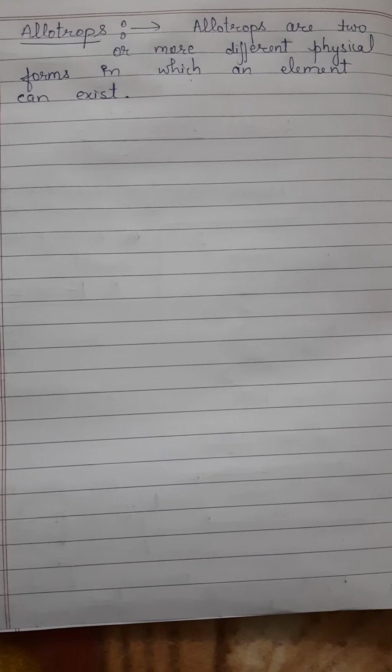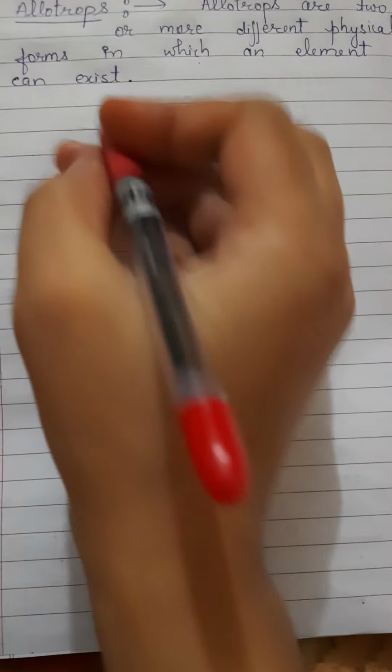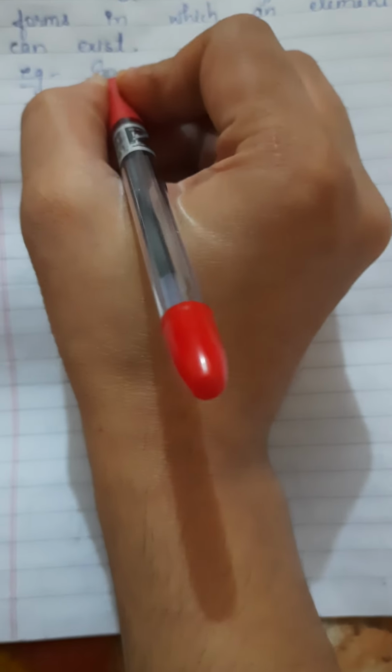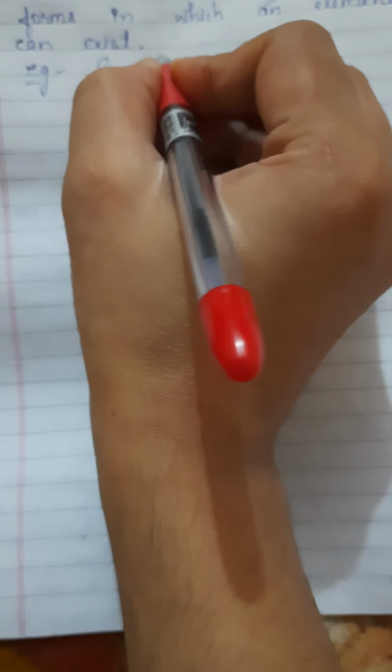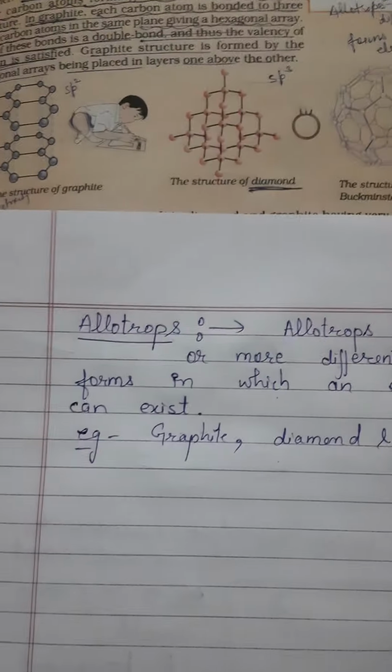The topic given in your book is allotropes of carbon. It means we will discuss only the allotropes of carbon. The examples of allotropes given are graphite, diamond, and fullerene.